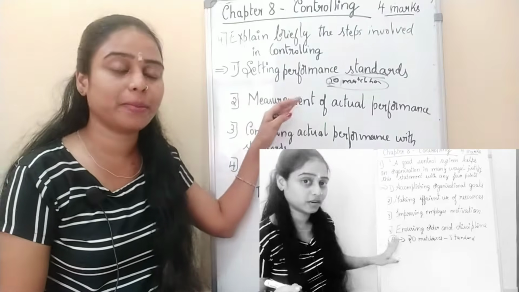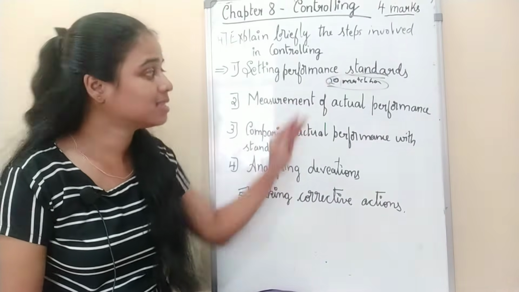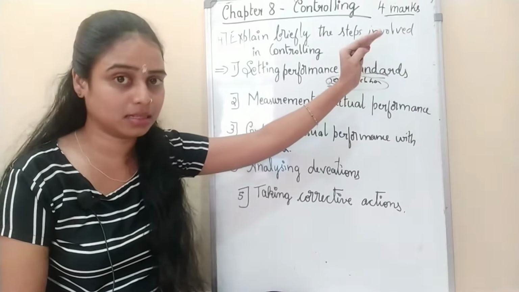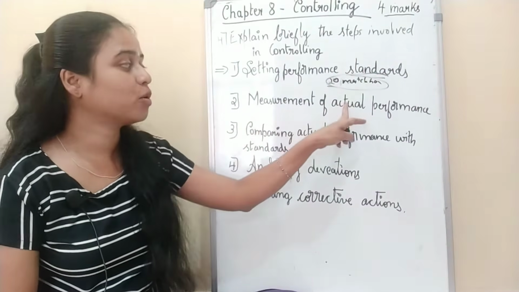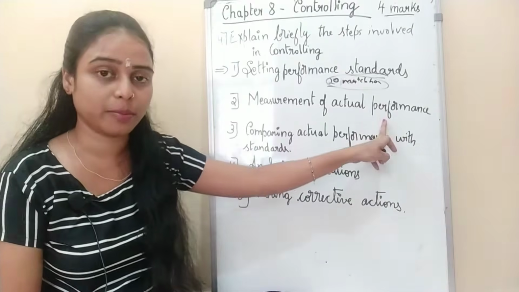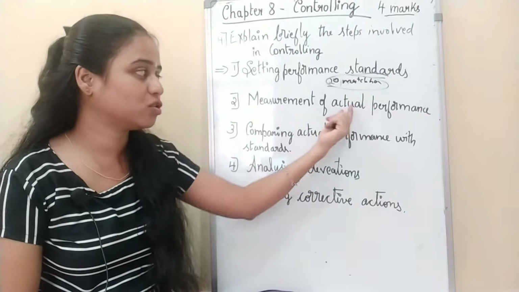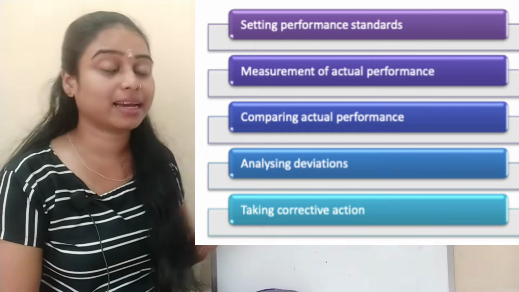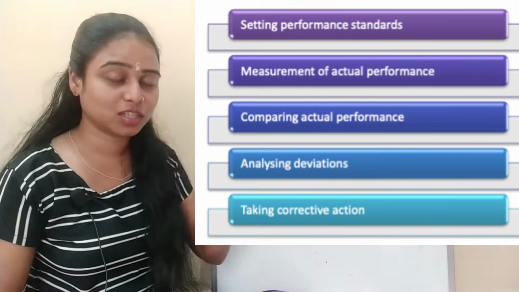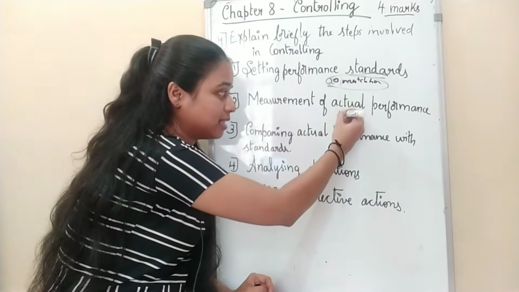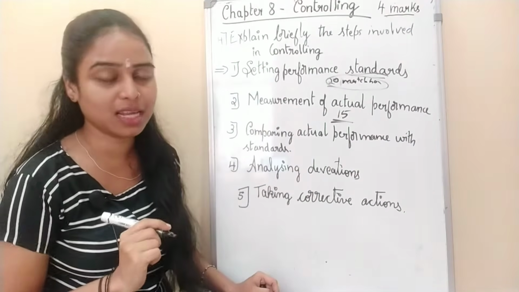The second one is measurement of actual performance. Once the standards have been set, what should be done? We must measure the actual performance. At the end of the day, how much the worker has produced is the actual performance. In the example from the first video, the worker had produced 15 match boxes.